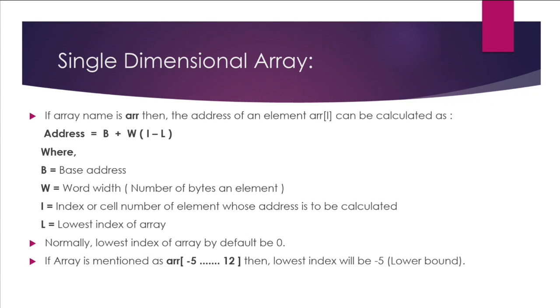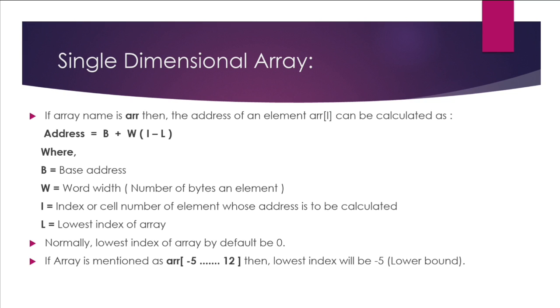For a single dimensional array, if the array name is ARR, we have to calculate the address of ARR[I], where I is the location. For example, we have to find the address of the fifth location of ARR. In which address is that element stored?